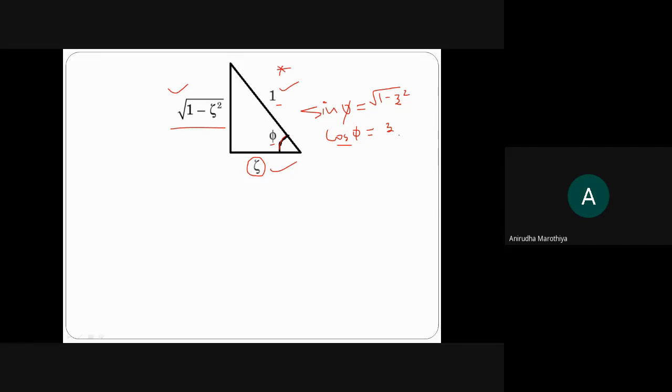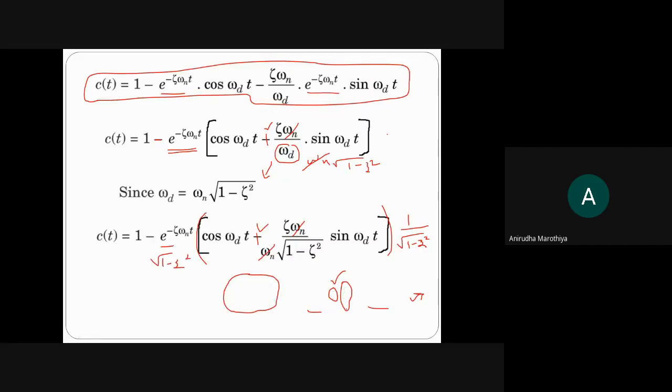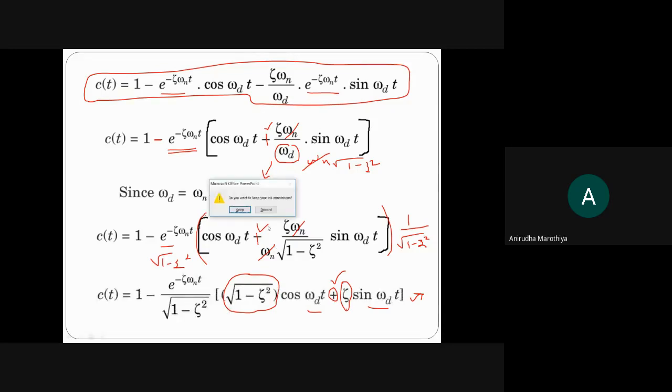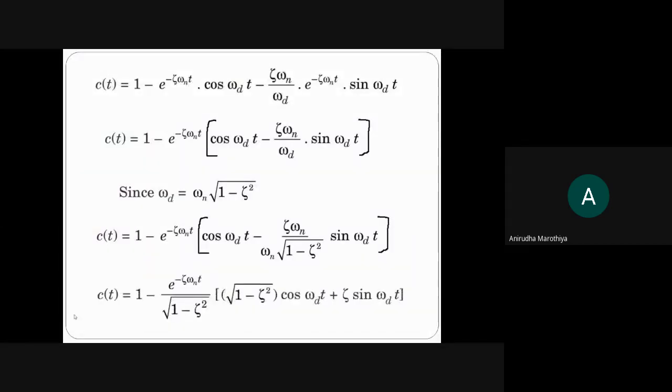So why have we written this? See here, in the previous expression, you have under root 1 minus zeta square in the bracket. This under root 1 minus zeta square I can write as sin phi.